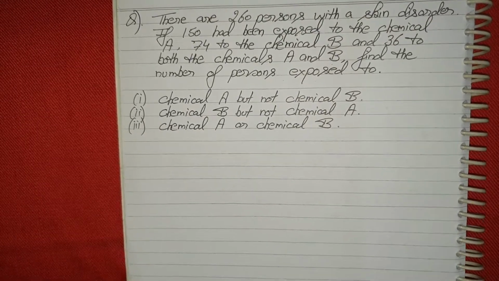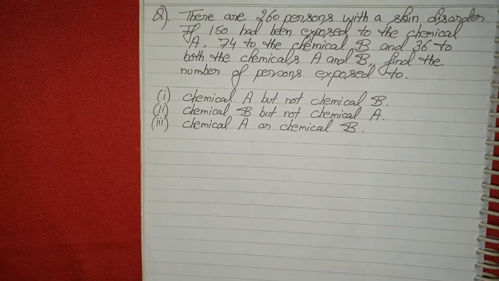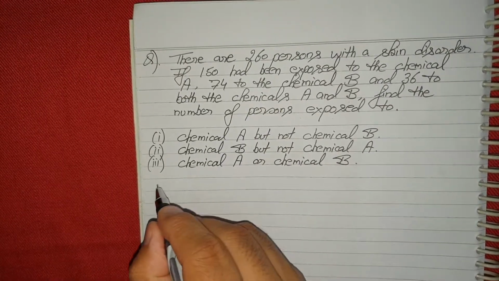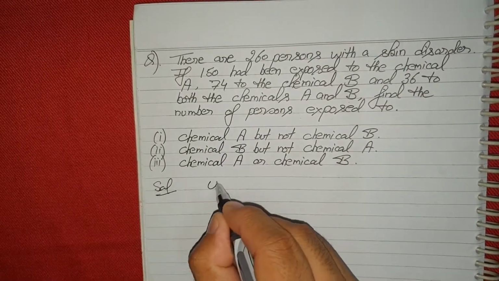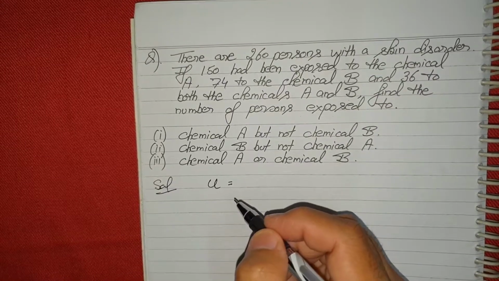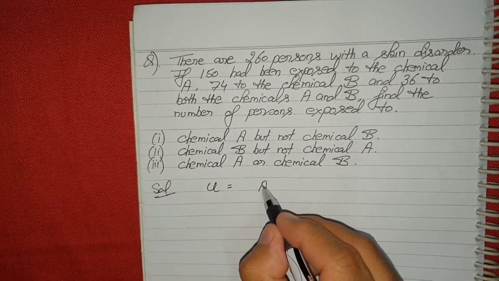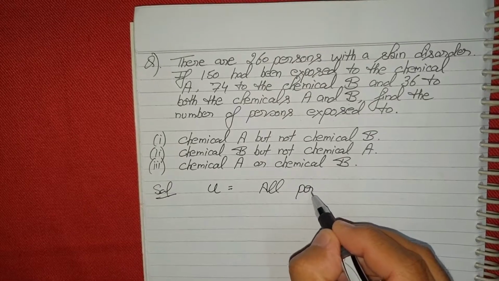So first of all, let U be the set of all persons. This represents all persons.